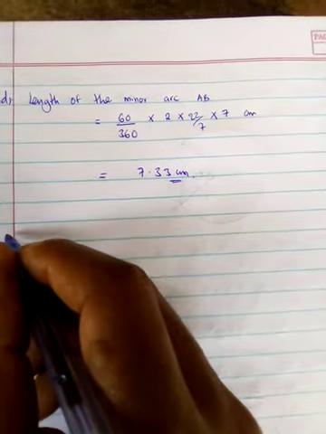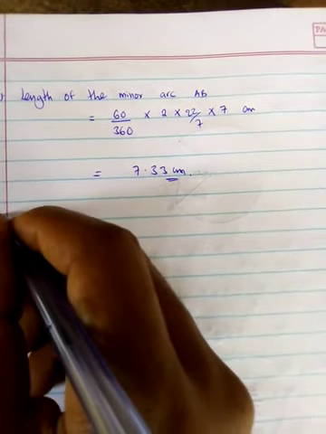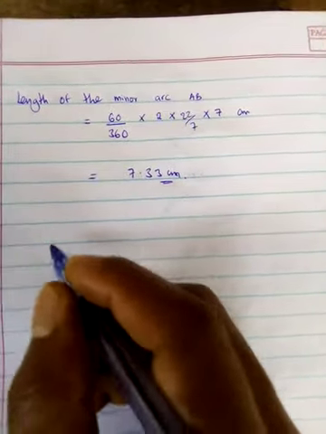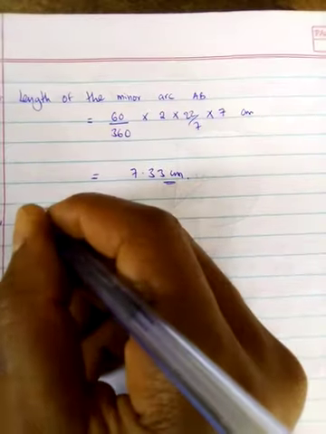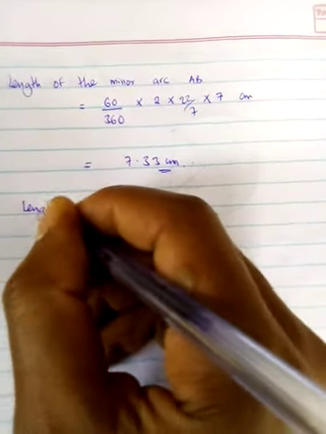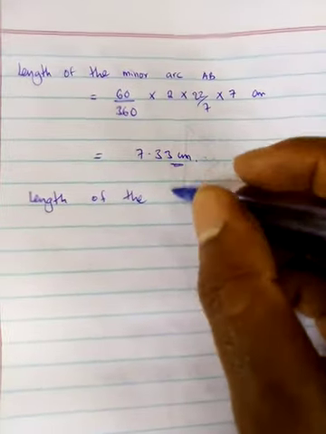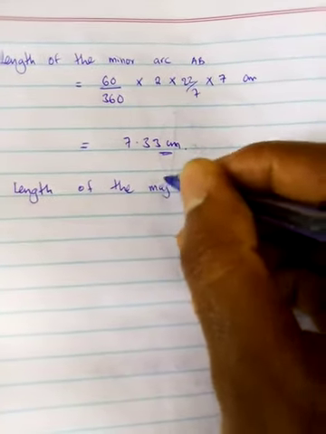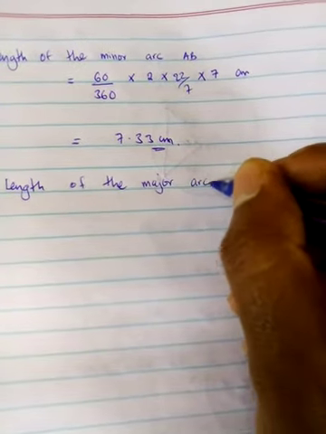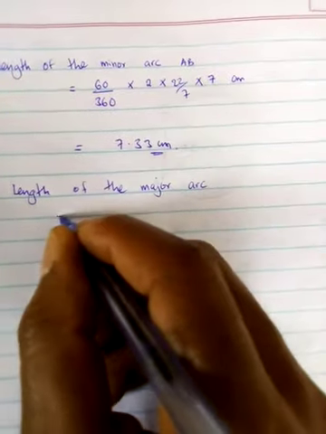Then part E, I think: the length of the major arc. Still the same thing.